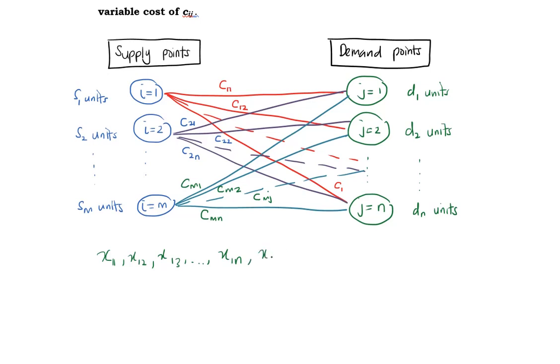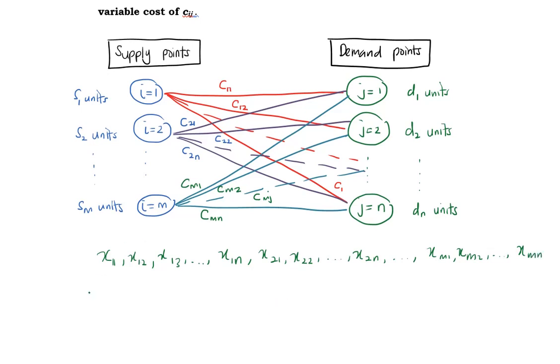Also x21, x22, until x2n, and xm1, xm2, until the last variable, xmn.